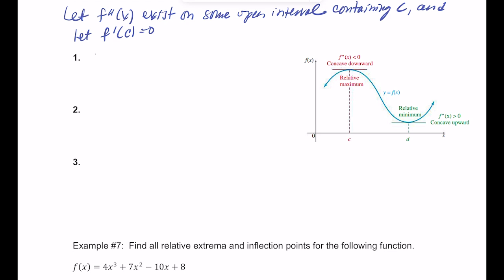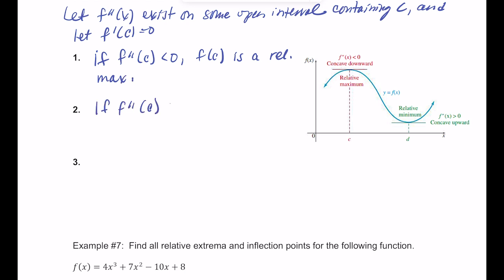So the second derivative test tells us that if f double prime of c is less than 0, f of c is going to be a relative max. If f double prime of c is greater than 0, then f of c is going to be a relative min.